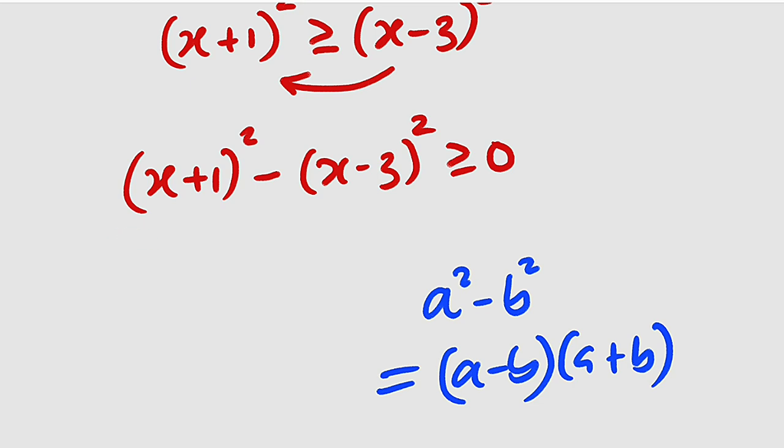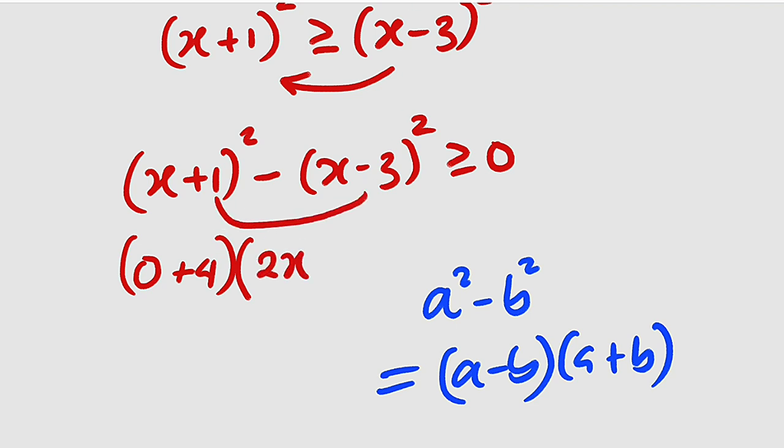All right, since we are subtracting, we have x minus x, which is 0. Then 1 minus 3 is plus 4. Then we multiply by, this time around we are going to add, x plus x will give us 2x. Then 1 plus minus 3 is minus 2.